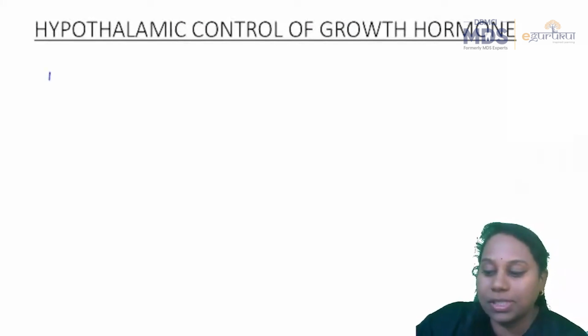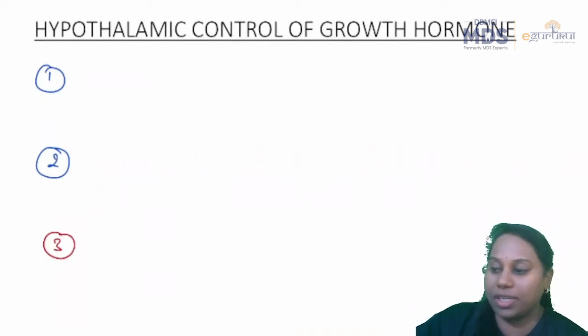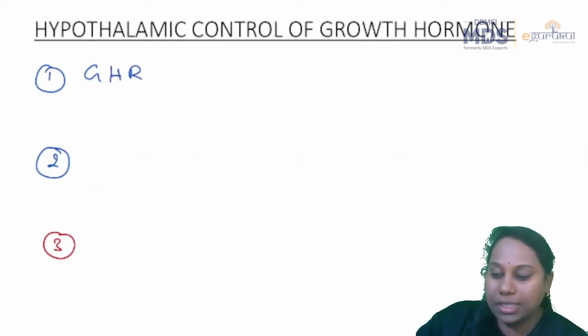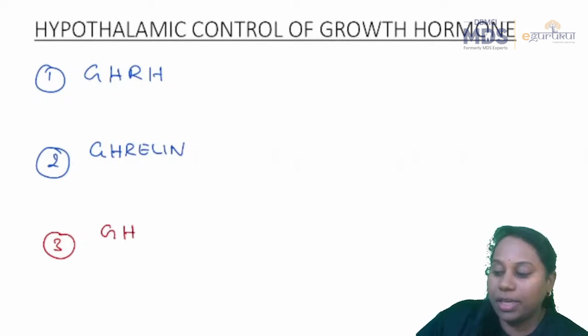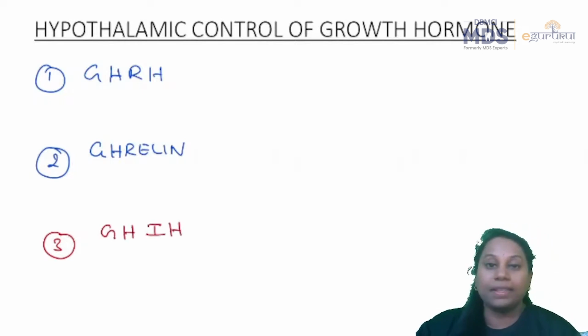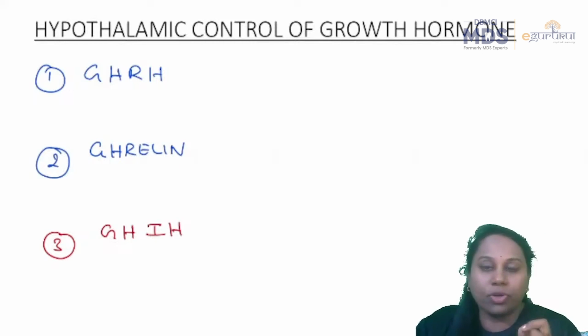The hypothalamus produces three major hormones which affect growth hormone secretion. What are they? Growth hormone releasing hormone, ghrelin, and growth hormone inhibitory hormone. These are the three hormones produced by the hypothalamus which control the secretion of growth hormone.